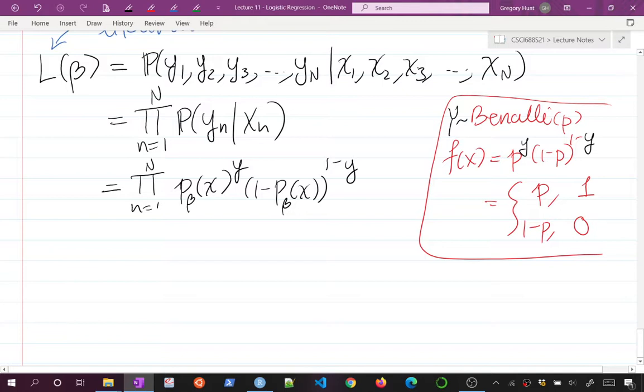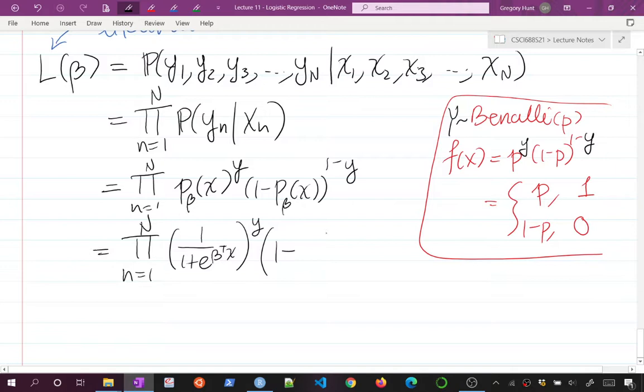Let's take a couple more steps further. We know what p beta of x is. It's a logistic function. So this thing is 1 over 1 plus e to the beta transpose x, to the y. And then this is 1 minus this.